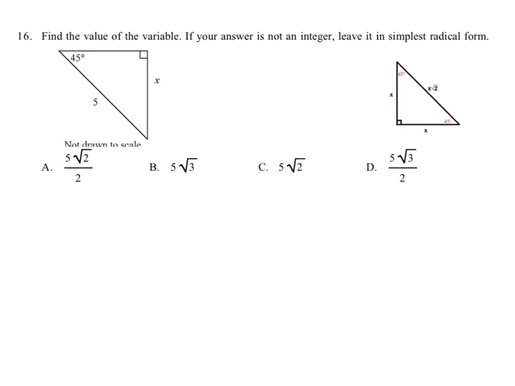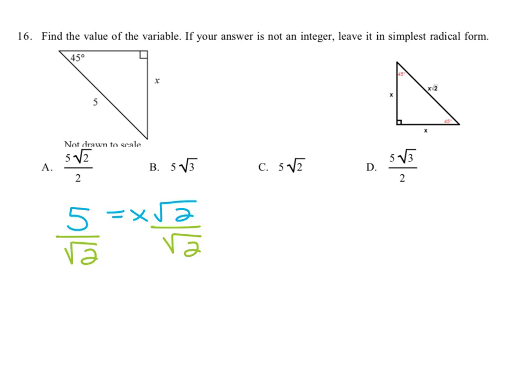Notice that if we know x is the leg, then the hypotenuse is x root 2. So we're going to take the length of the hypotenuse, 5, and set that equal to x root 2. And then what do we have to do? We have to divide both sides by square root of 2 in order to solve this.